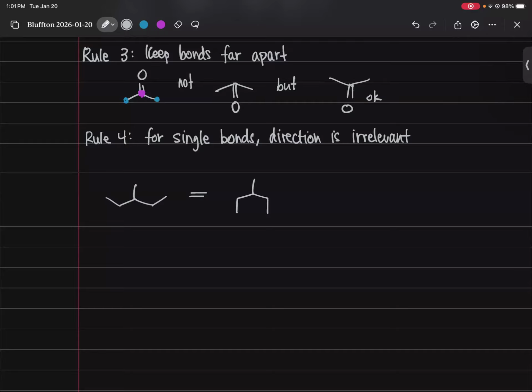So if you do that exercise again, these still have 3 hydrogens on them. These carbons here still have two hydrogens on them. The direction you draw the lines doesn't matter. So you could also, if you like symmetry, maybe this will bug you a little bit, draw it like that too. And that's correct.